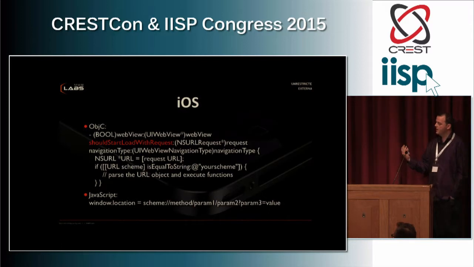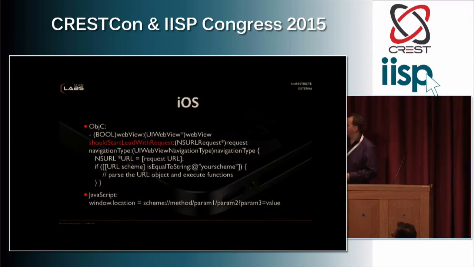So here is in Objective-C how you would implement one of these bridges. And what we're doing here is just trapping an event, basically a web page load. So you see window.location at the bottom that loads a URI. That URI has a scheme, you can name a method, param one. Basically this is just a URI, and as long as you conform to the URI scheme, you can smuggle whatever you want through.